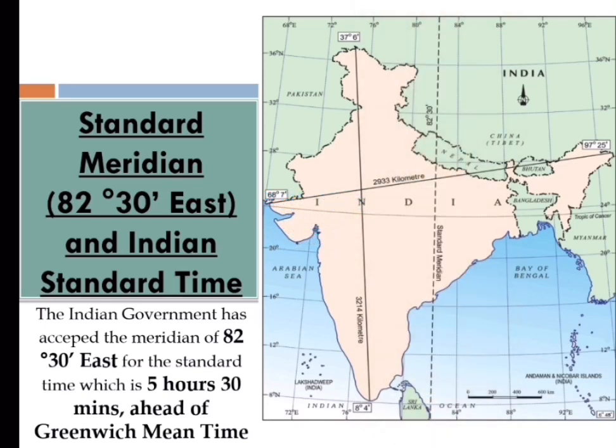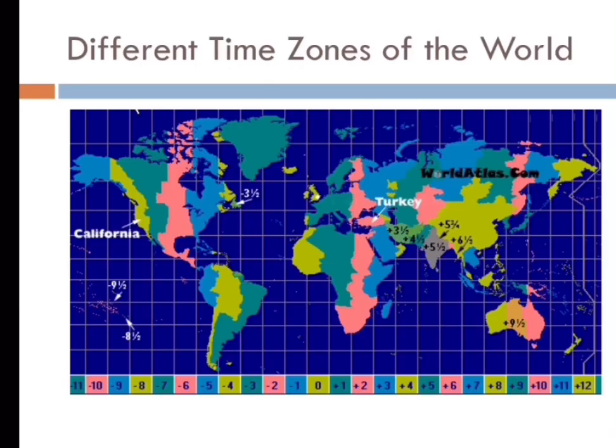So if I am in Gujarat and it is 6 p.m., Arunachal Pradesh will be having 8 p.m. So to avoid any kind of confusion, we follow a common time which passes through the 82 degree 30 minutes east, that is the standard meridian of India. Now how much is the standard meridian away from the Greenwich meridian?